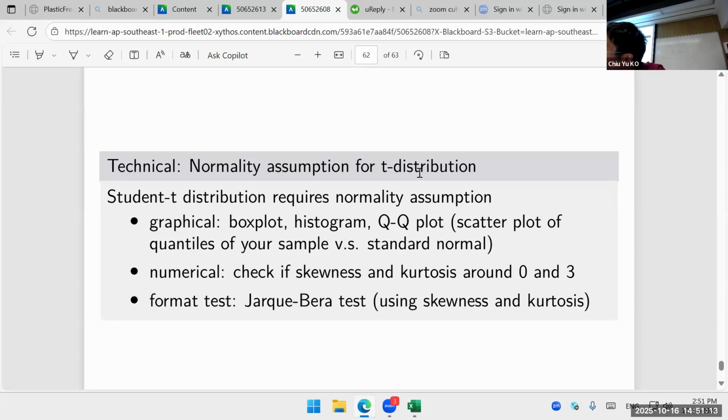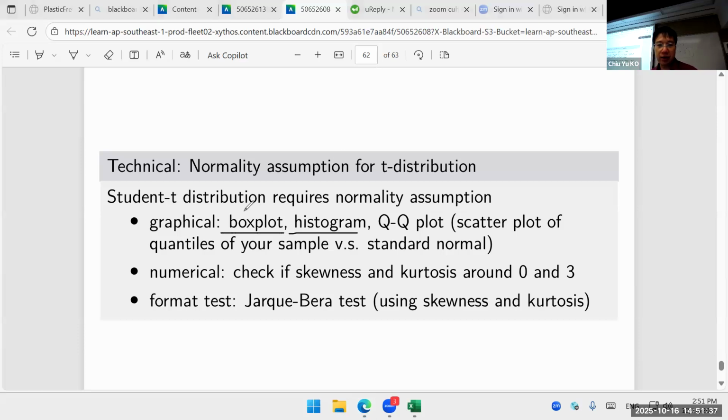One way is to do the box plot, right? Look at where the data is located, because the bell curve must look like a bell shape in the data, right? Remember, if the underlying is a bell, the data should look like a bell as well. This is the first thing to check. You can draw a histogram, draw a box plot.